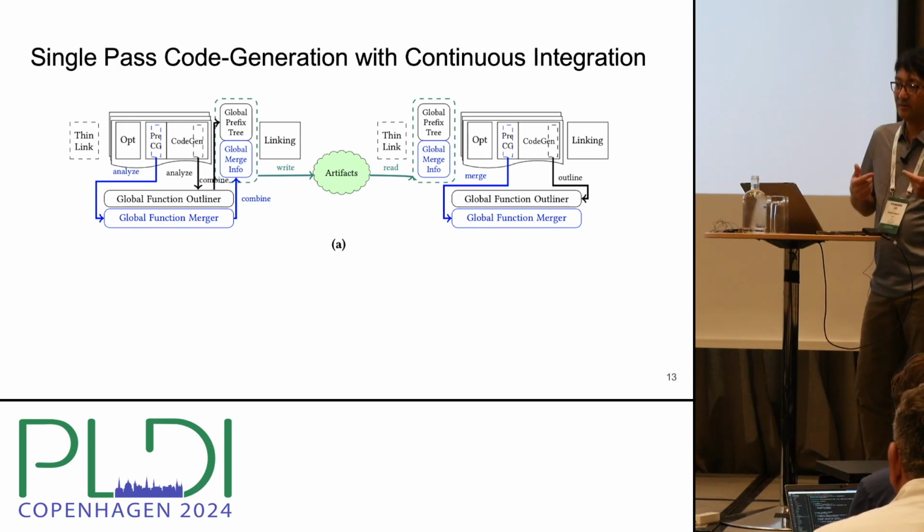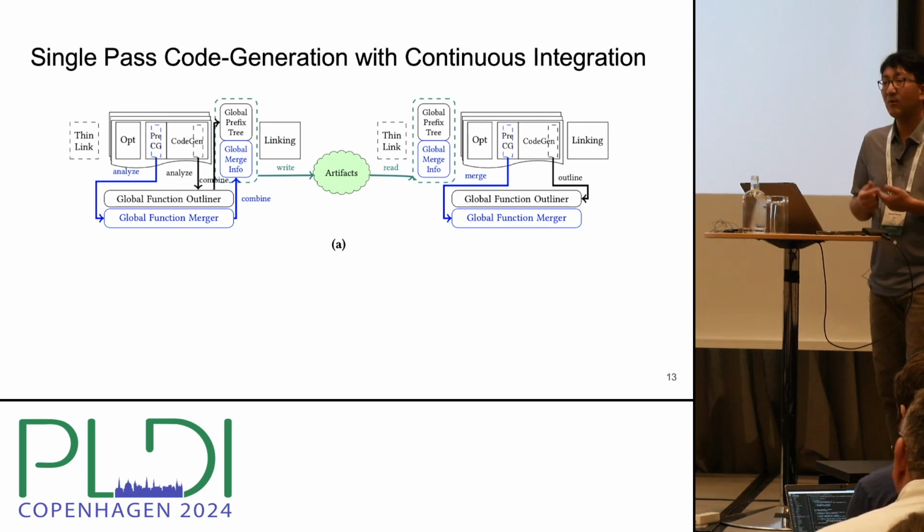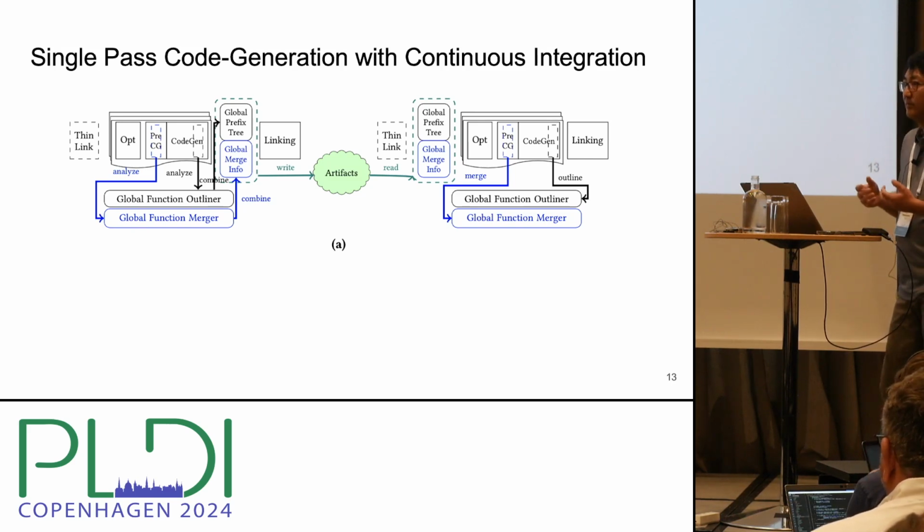One is the writer on the left-hand side, the other is the reader on the right-hand side. Basically, the former produces Gaussian artifacts that represent outlining or merging opportunities, while the latter, the reader, simply reads the artifacts and applies optimization separately.